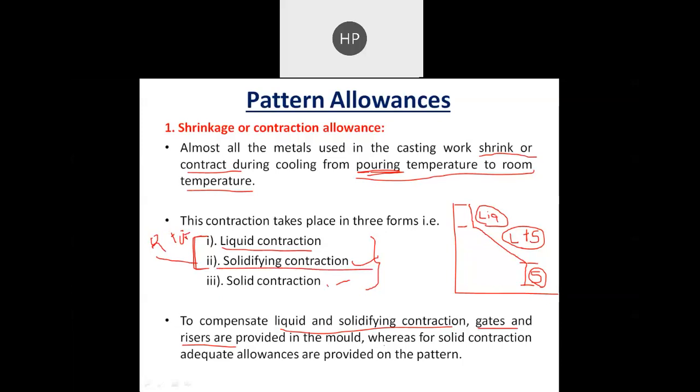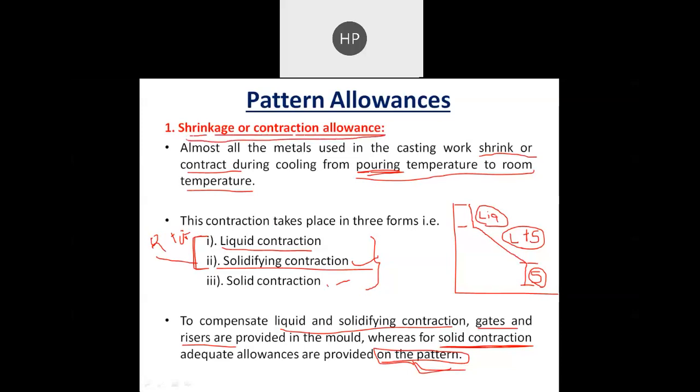Whereas this solid contraction, and this is important, adequate allowances are provided on a pattern. To compensate this solid contraction, we have to give allowances on the pattern, and that allowance is known as a shrinkage or contraction allowance.